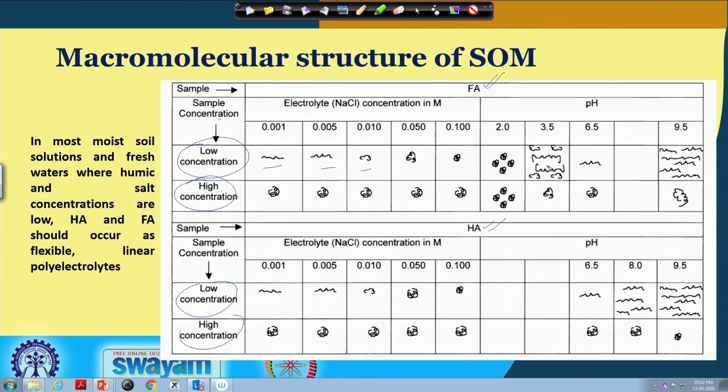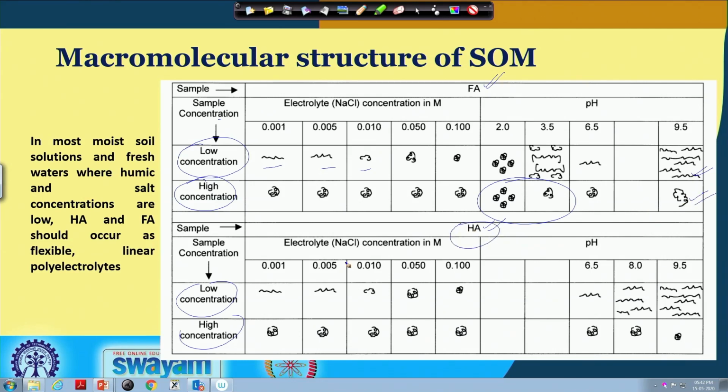Similarly, in case of pH, when it is low, we are getting spheroid structures. However, when we increase the pH, we are getting thinner fibrous structures. Similarly, in case of high concentration, for lower pH values we are getting more cluster, fiber, spherical structures. However, the fibrous structures are visible at higher pH.